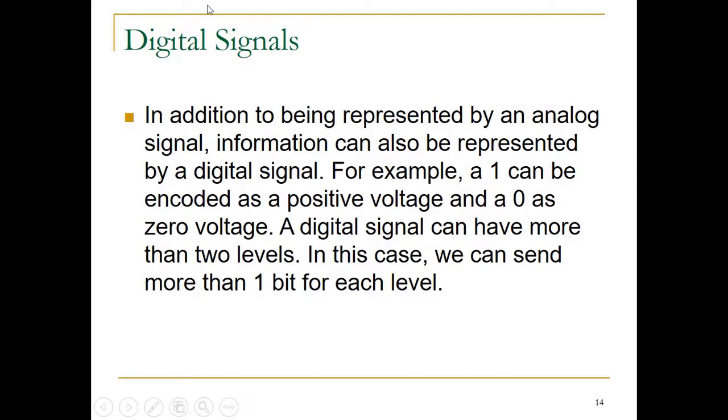So that's what this is basically saying. It's telling us that in addition to being represented by an analog signal, information can also be represented in a digital form. For example, a 1 can be encoded as positive voltage, and a 0 can be 0 voltage.